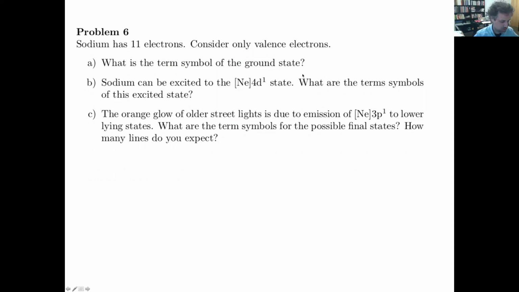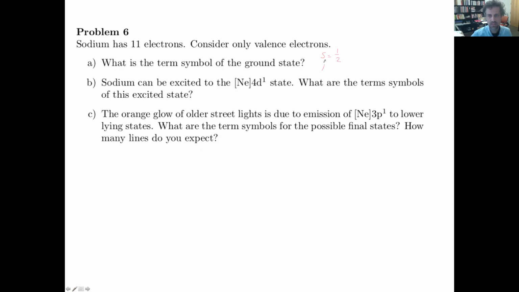Okay, the term symbol of the ground state for this particular electron. Remember, I'm forgetting about all the other electrons. So it is going to be in the S state, right? So I'm going to write down for the single electron, S equals half.